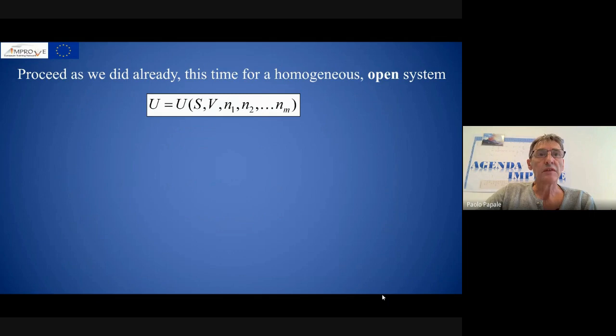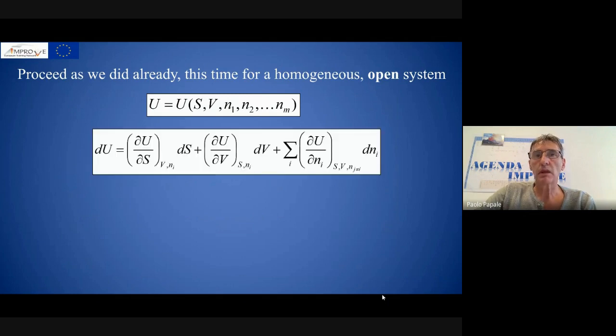In fact, now the number of moles of each component is no more a constant, because the components can migrate from one phase to the other in order to achieve equilibrium. By differentiating the expression for the internal energy, we obtain a general expression for the increment dU of the internal energy of a phase upon exchange of mass and energy with the surroundings.